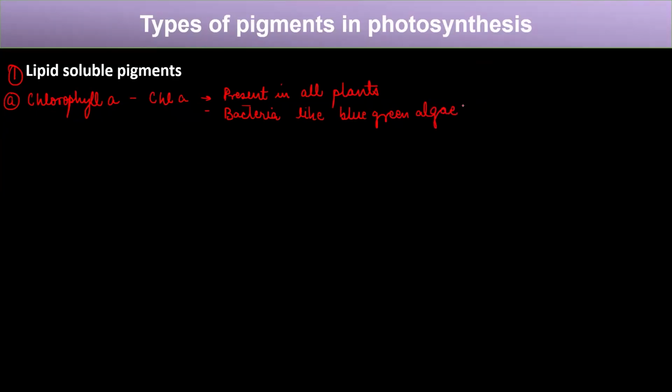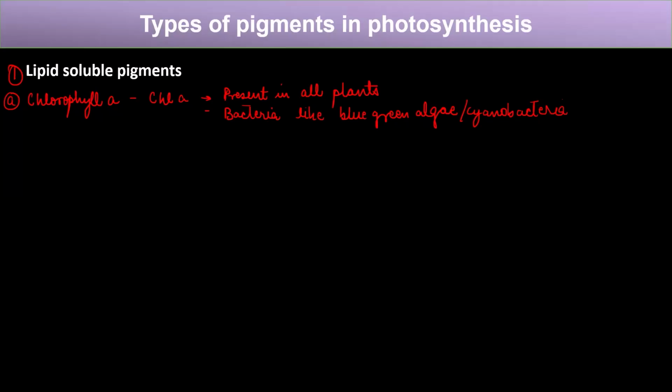What is blue-green algae? It is also known as cyanobacteria, and these are photosynthetic bacteria. These bacteria also contain chlorophyll A. So apart from plants, it is also present in bacteria like blue-green algae or cyanobacteria.